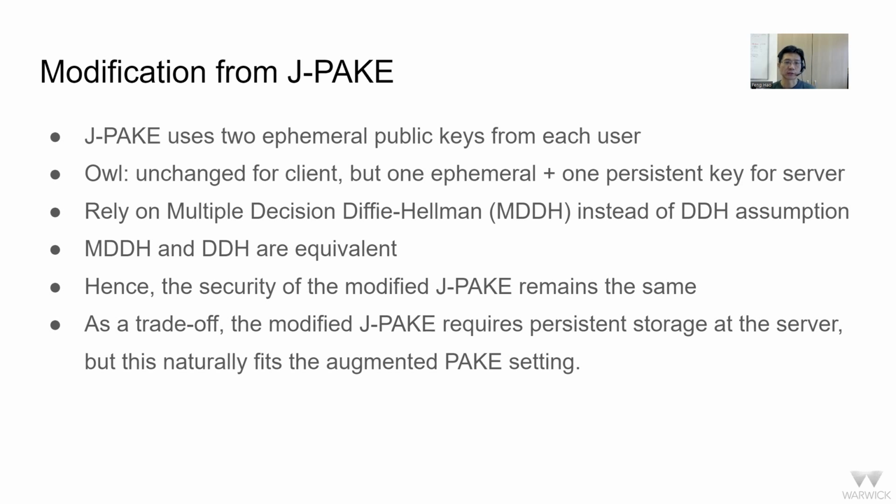Because of this change, we require the Decision Diffie-Hellman Square assumption instead of DDH, but we prove that the two assumptions are equivalent. So in other words, the security of the modified JPAKE is not affected. As a trade-off of this modification, we require persistent storage at one side. This is not possible in the balanced PAKE, but in the augmented PAKE, this is given because we have the storage at the server.